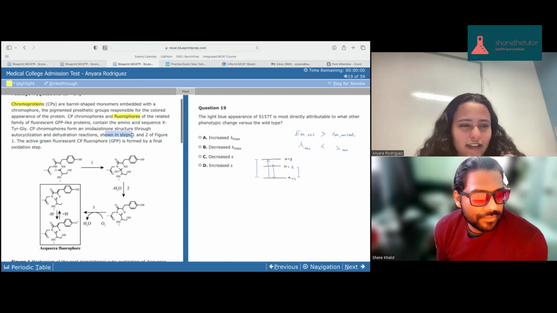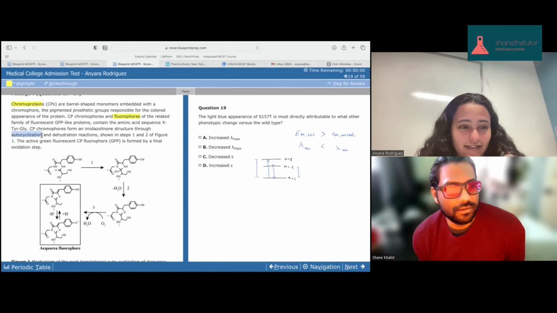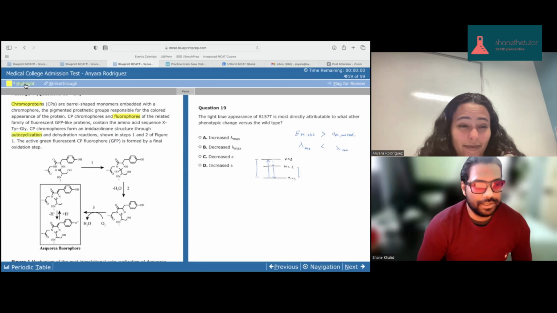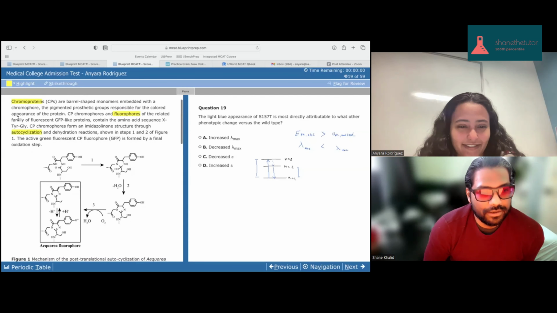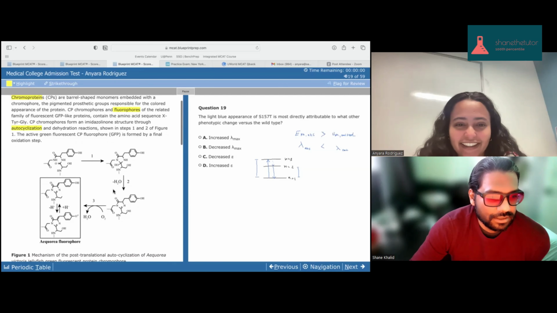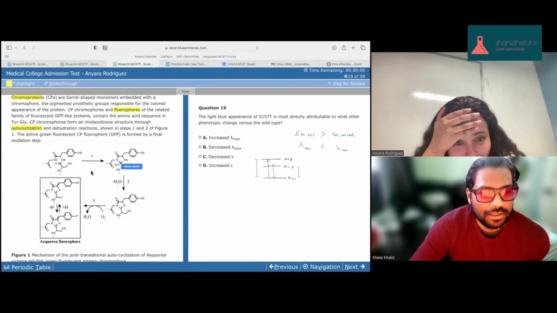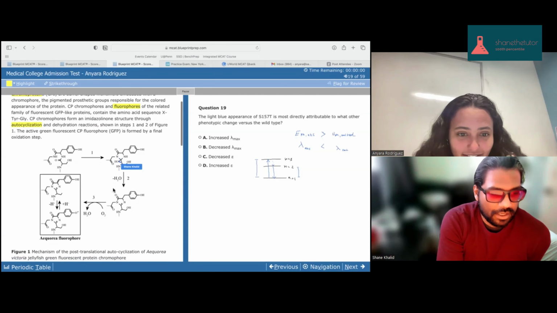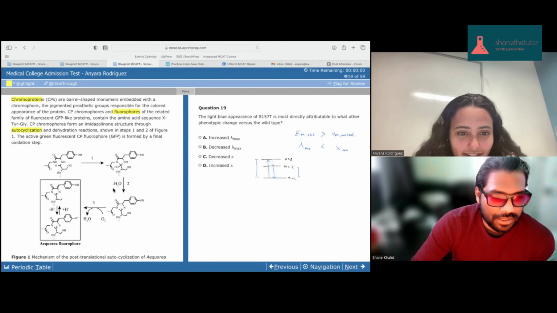There's dehydration, there's autocyclization. What do you think that would do? Forming a ring, that's what I'm thinking. But I don't see a ring forming. Are you sure? Maybe step 2. No, sorry. Step 1. This.